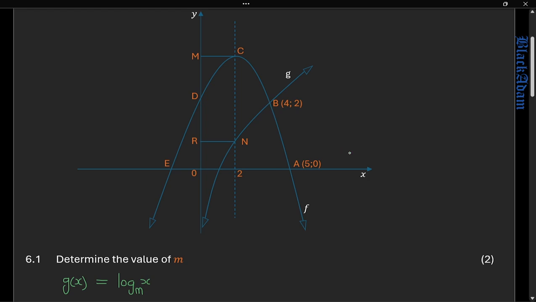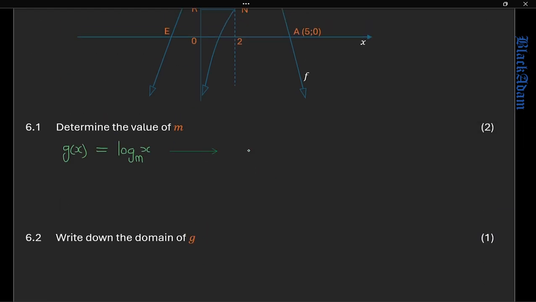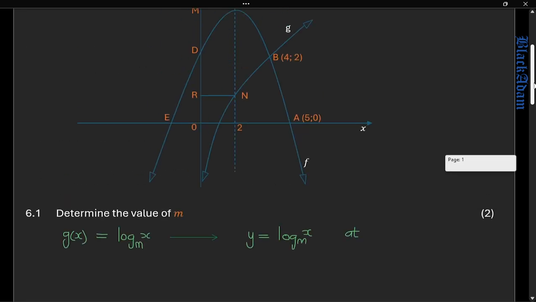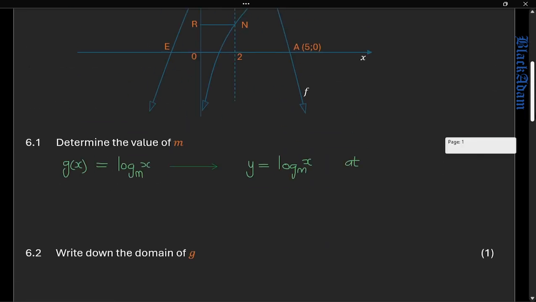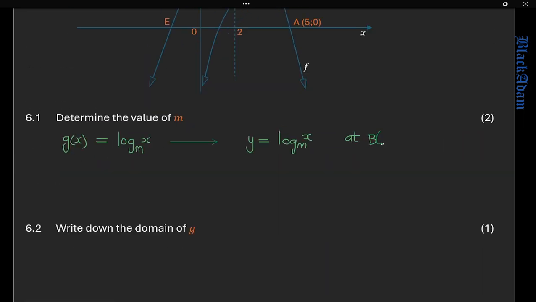We know that B is at (4, 2), so y equals log x base m. Substituting the values at B, x is 4 and y is 2, and we're solving for m.